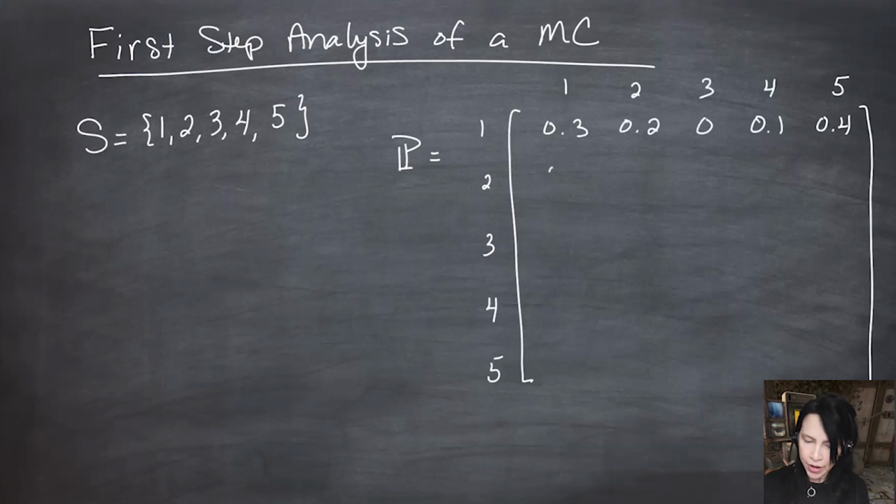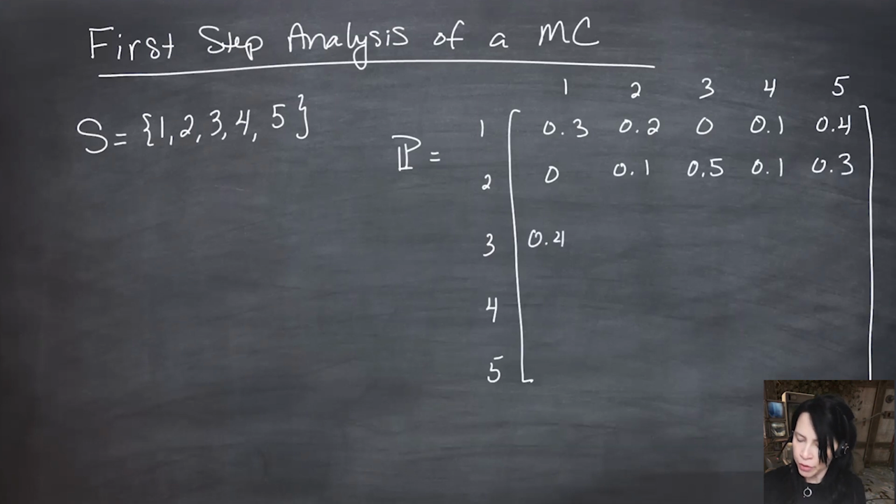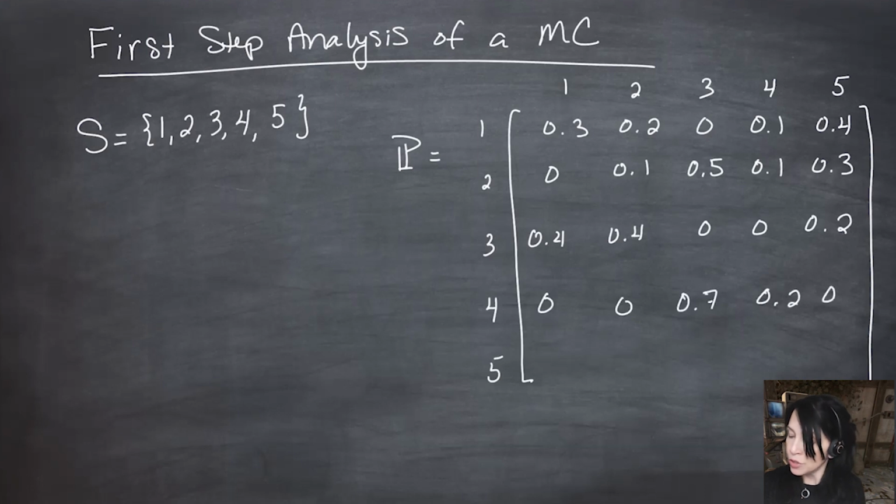Across the 2 row, I have 0, 0.1, 0.5, 0.1, and 0.3. Across the 3 row, I have 0.4, 0.4, 0, 0, 0.2. Across the 4 row, I have 0, 0, 0.7, 0.2, 0.1. And across the 5 row, I've got 0.6, 0.1, 0, 0.3, and 0.